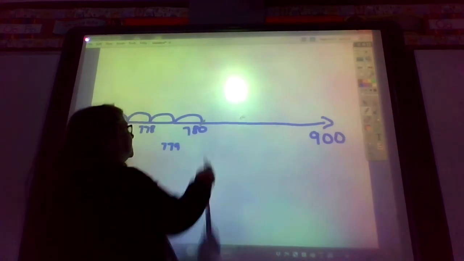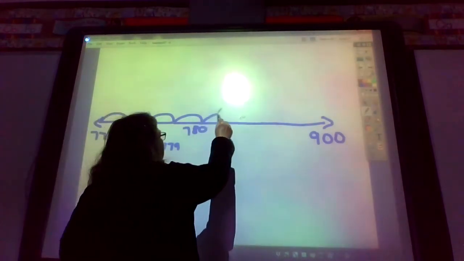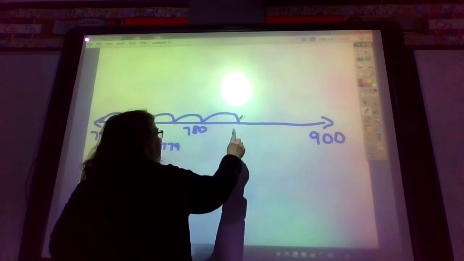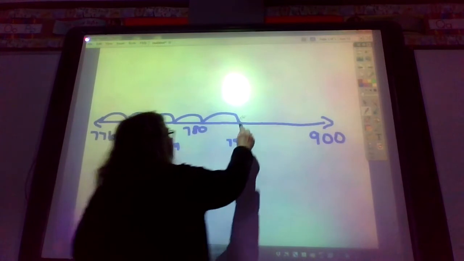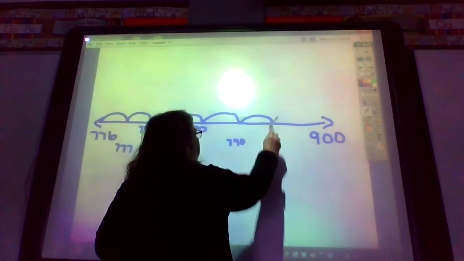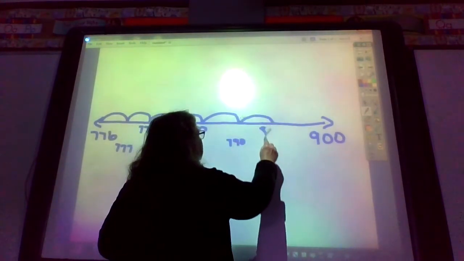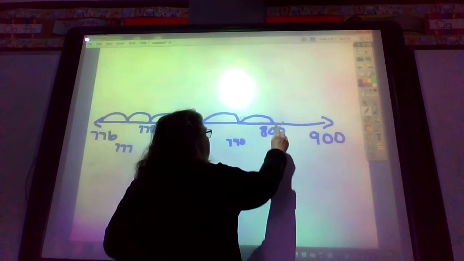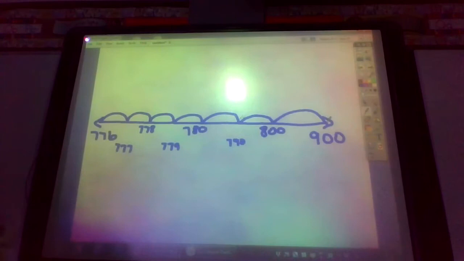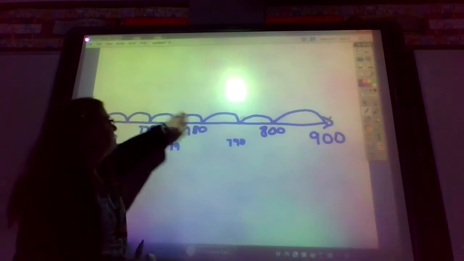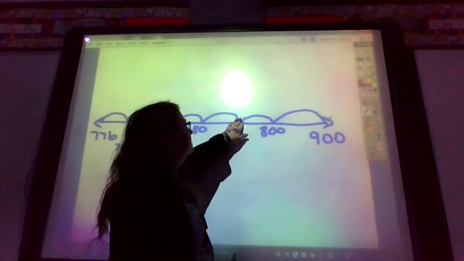Now I'm going to hop by 10. So I make that hop a little bit bigger. This is going to be 790. Got to go 10 more. This would make it 800. And then I have a bigger hop to get to 900. So my ones hops, my 10 hops are a little bigger.